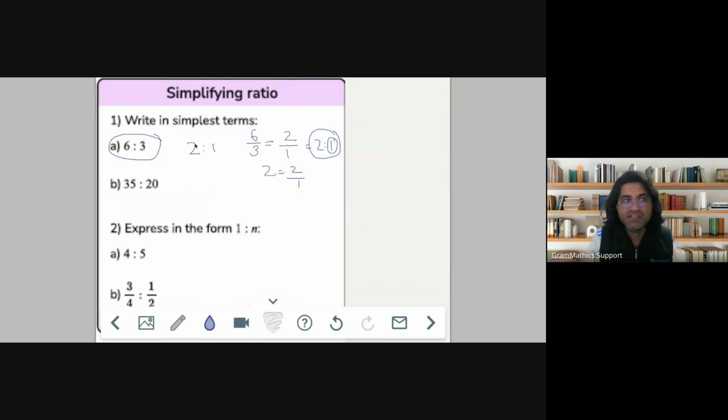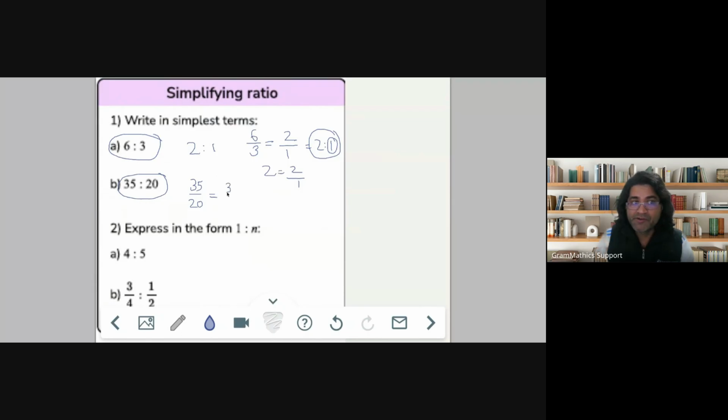Good. The next one, 35:20. An easy way: if you clearly see a common factor, you can cancel it out, or you can express it as a fraction first and then see. We see that the last digits are 5 and 0, which means both are multiples of 5.